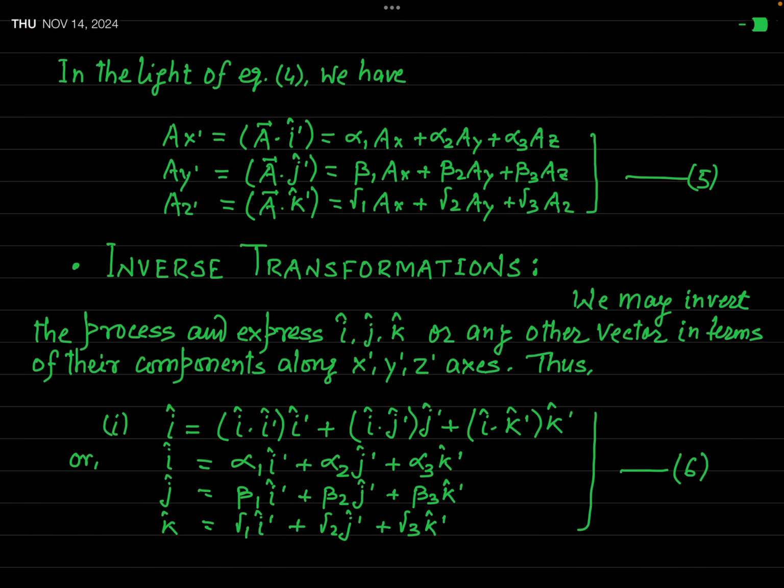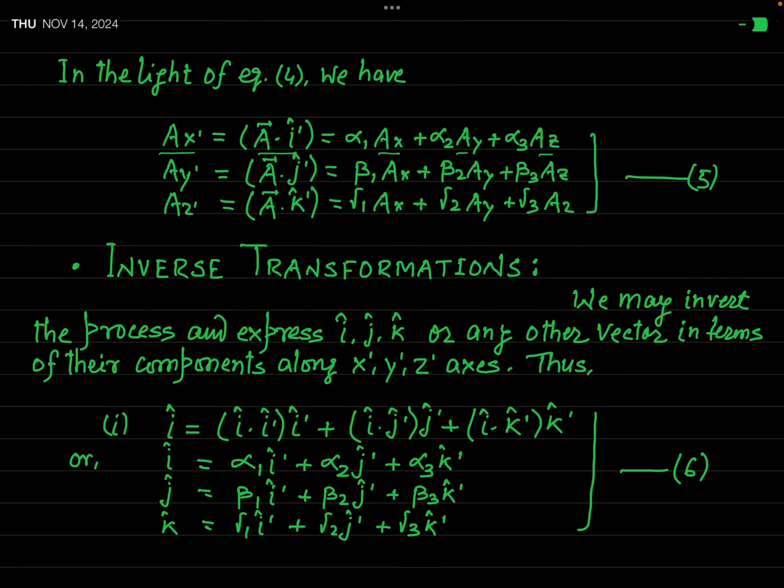So if our aim is to find Ax', which is the x component of vector A relative to the O' x' axis, that is the x axis of the body coordinate system, then this can be expressed as A dot i'. And A dot i' will be simply equal to alpha 1 Ax plus alpha 2 Ay plus alpha 3 Az.